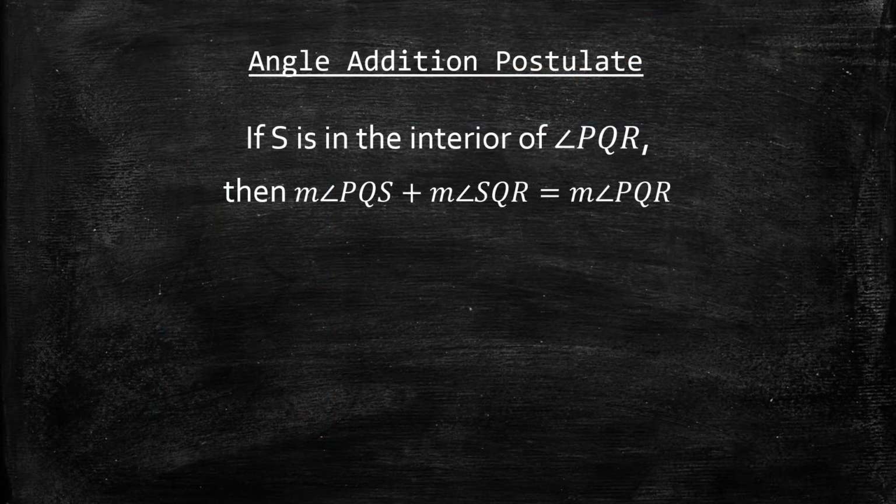Now let's look at the definition of the angle addition postulate. If S is in the interior of angle PQR, let's draw that out so far. So here is angle PQR. S is in the interior. We discussed interior angles versus exterior angles yesterday.